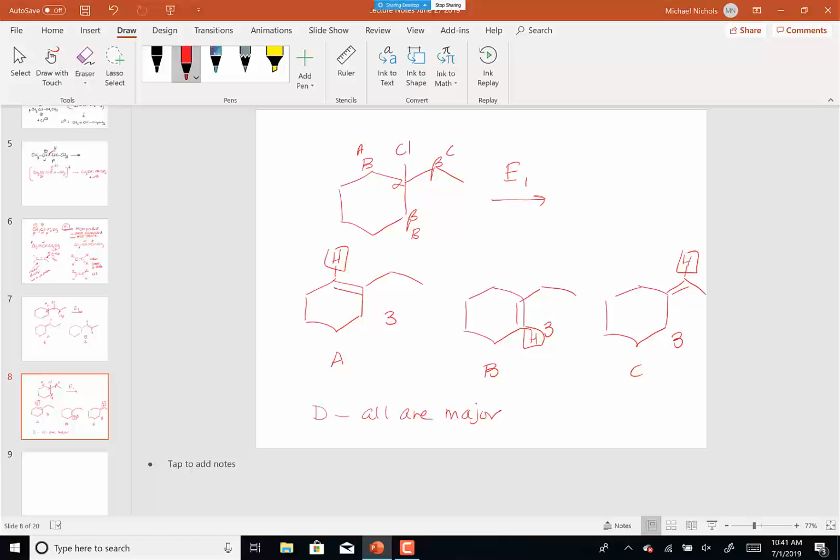Are these 3 products unique? Are all 3 of those different products? And what do I mean by different? I mean, are any of these structural isomers? Do all 3 of them have different IUPAC names?